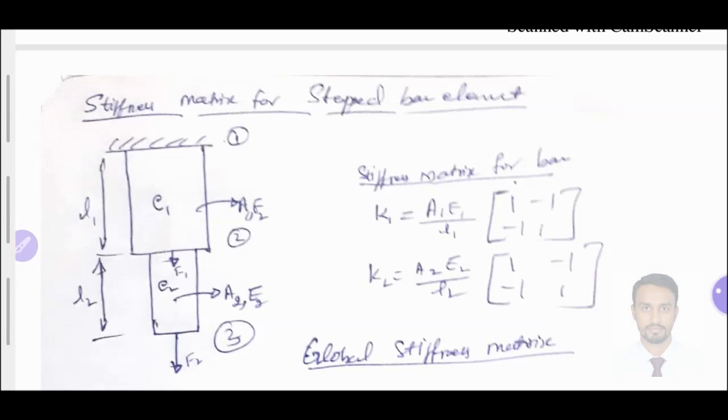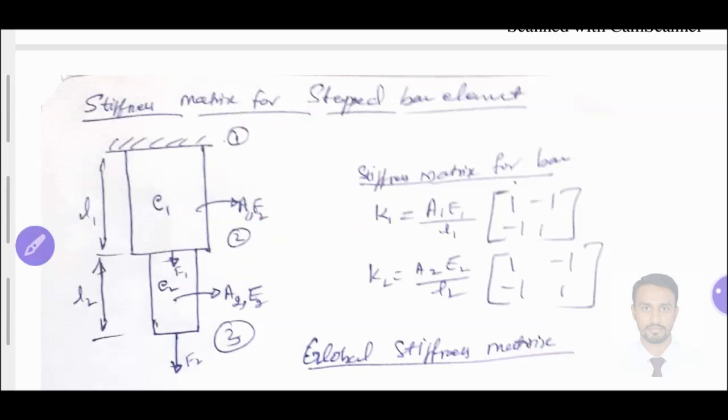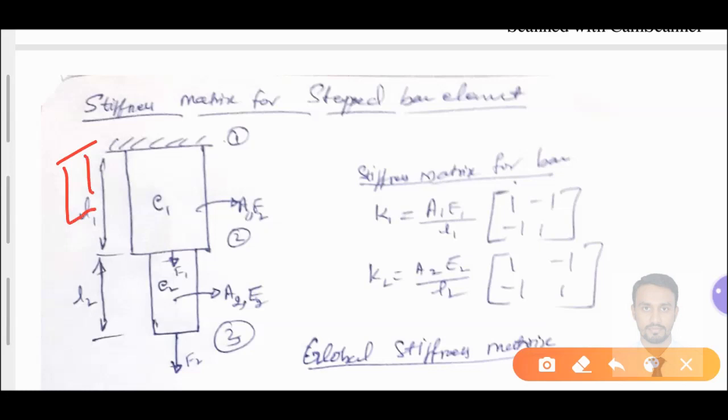Now we are only finding the stiffness matrix. The stiffness matrix for each element we will find first, then we'll assemble. For element number 1, stiffness matrix K1. For element number 2, stiffness matrix K2. In the last video, we derived the generalized equation of the stiffness matrix.